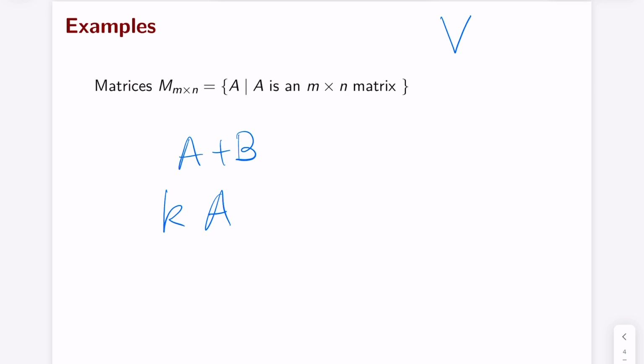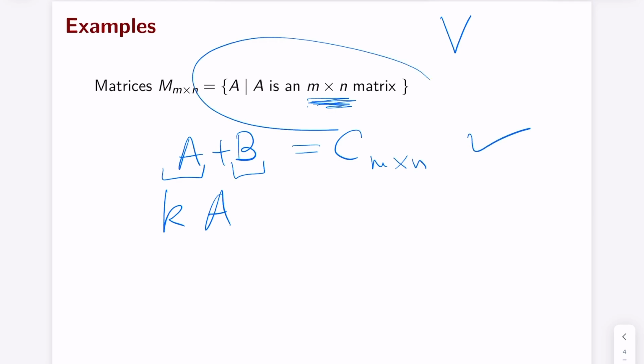So what do we need to check? We need to check if this matrix is a matrix m by n, and this one is m by n, so the addition is really a matrix that is m by n. Well, the answer is yes, right? So then it's still in the same set. So the addition has closure, keeps inside of the same set.